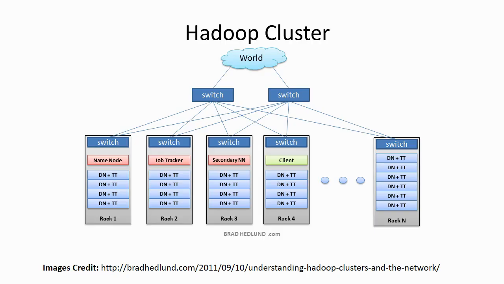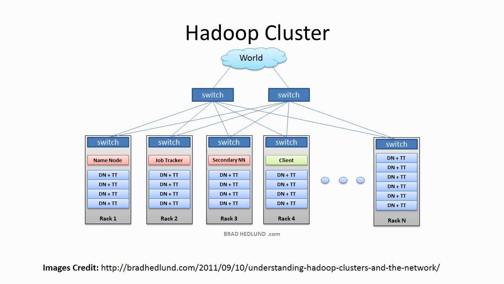And this is a schematic of what a Hadoop cluster physically looks like. You've got several racks, and the racks host a lot of data nodes, and they may also host other nodes such as the name node or the secondary name node. And of course, there is a switch that connects all the PCs, all the nodes internally and to the other racks externally.